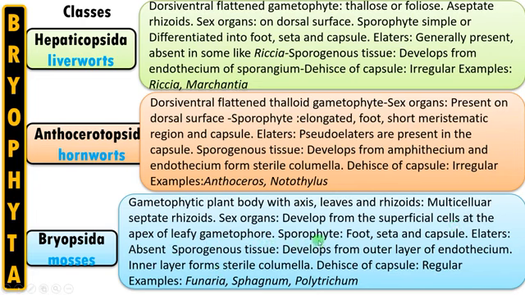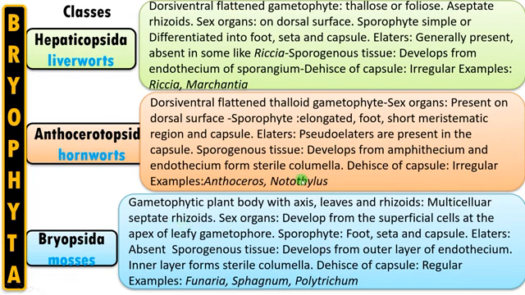Then the sporophyte consists of foot, seta and capsule. Elaters are absent. Capsule has a complex structure with a well-developed spore dispersal mechanism. Sporogenous tissue develops from the outer layer of endothecium. The inner layer forms sterile columella. Dehiscence of capsule is regular. Examples include Funaria, Sphagnum and Polytrichum.